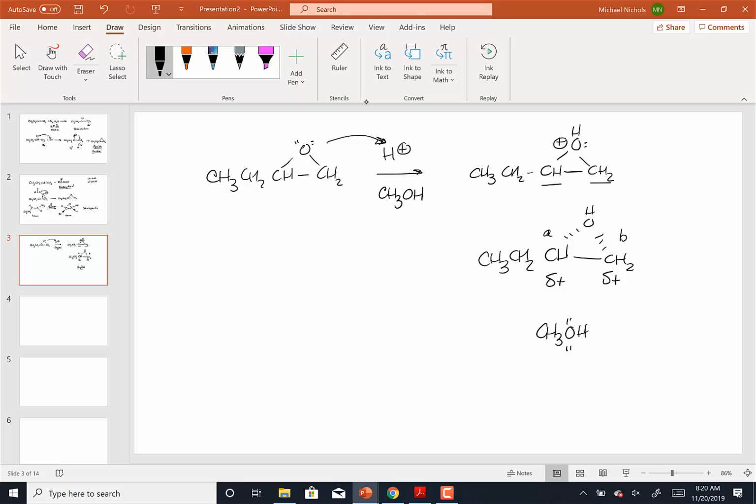Are you a strong or weak nucleophile? All right, on three. Strong or weak? You're weak. Which carbon are you going to attack? Carbon A or B?